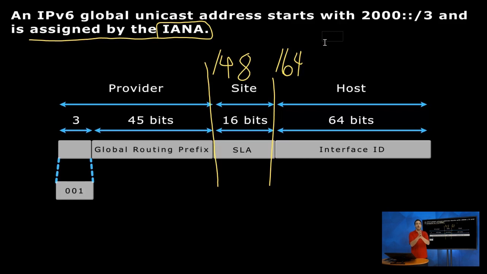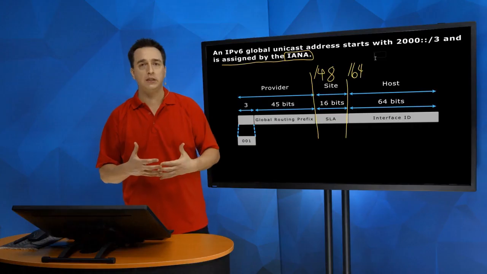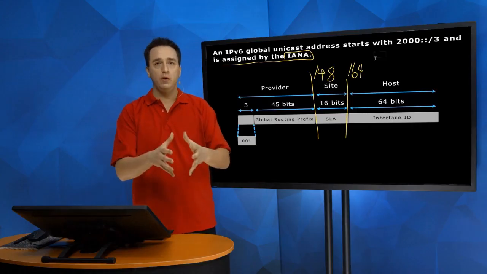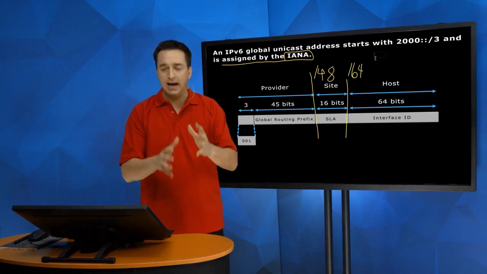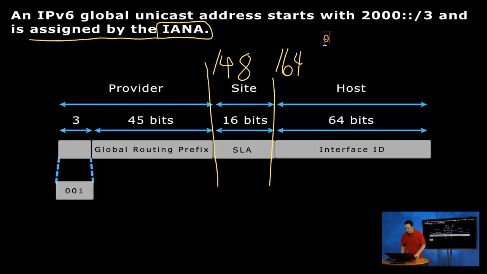They will not change. That's what the /3 refers to. So let me convert this entire first field of 2000 into binary for you. We're going to have 0010, then 0000, 0000, and 0000. So that's what the first field looks like in binary.